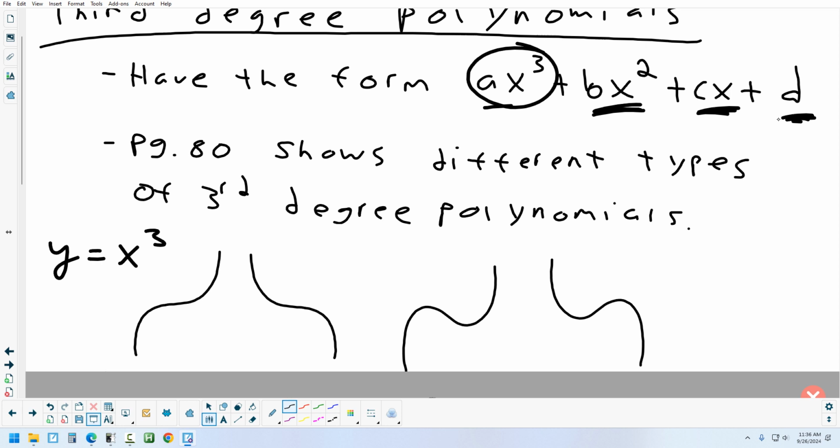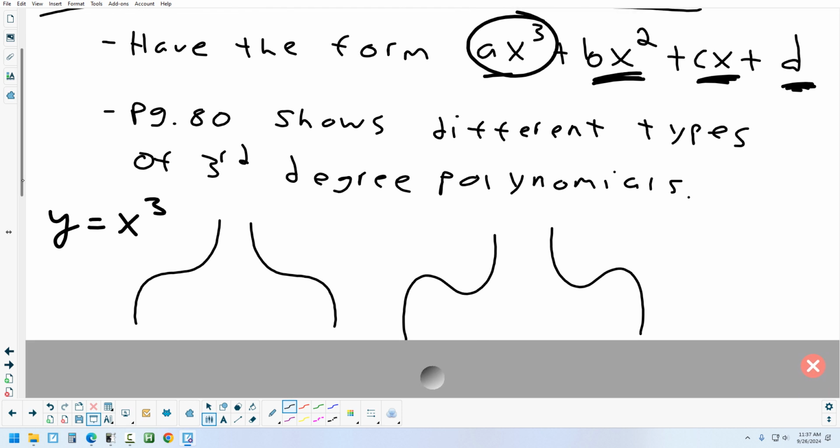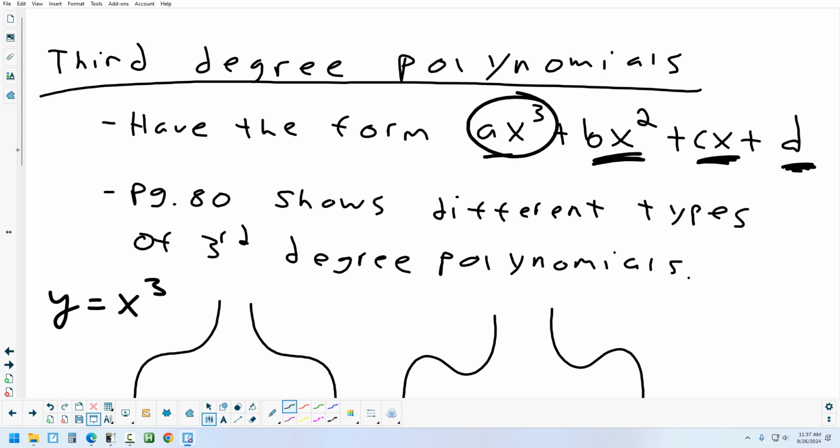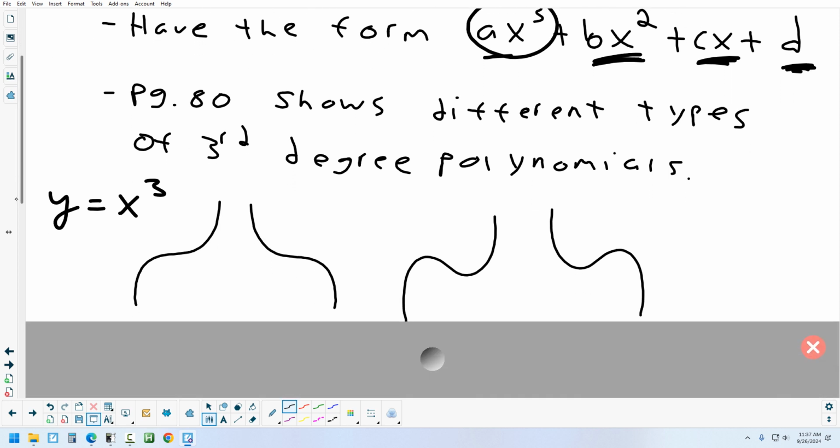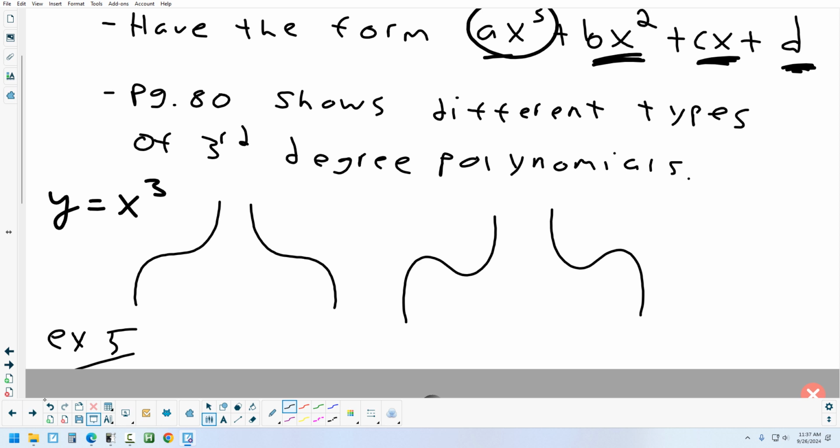When you start to add in these other terms, that's when it starts to make the graph look more complicated. Okay, you really don't have to write down page 80, because I kind of showed you right there. So that's what they look like. All right. Any questions on that?